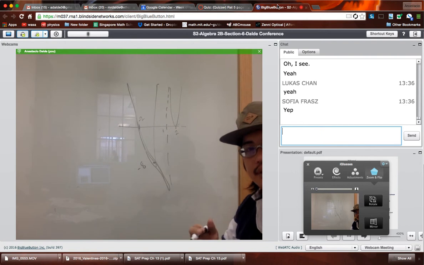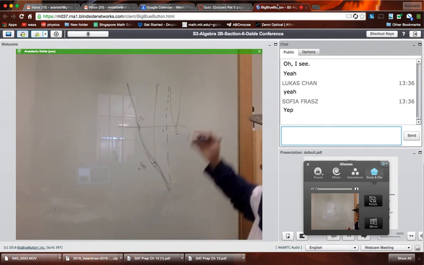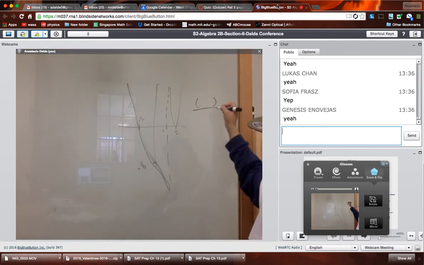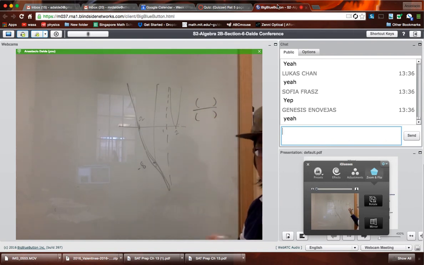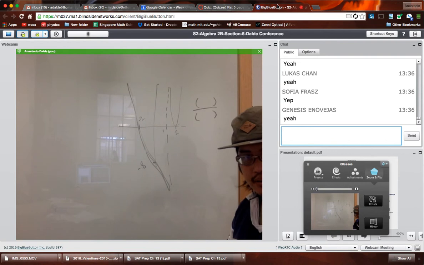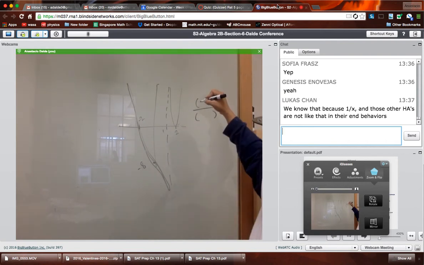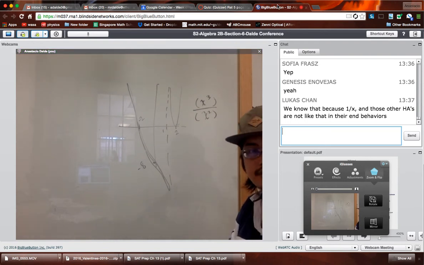And that happens when the degree of the numerator is bigger than the degree of the denominator. For example, like x cubed over x squared, right?